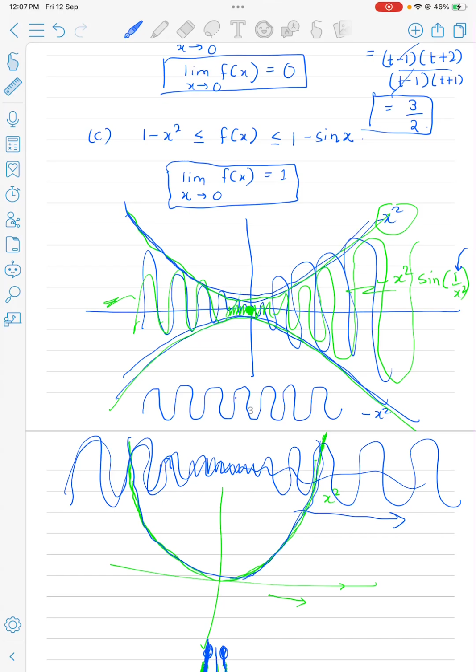And this is the minus x square. And it will touch these points also, because why?